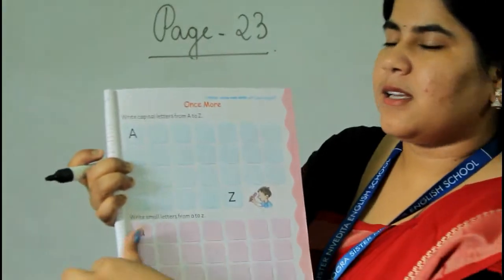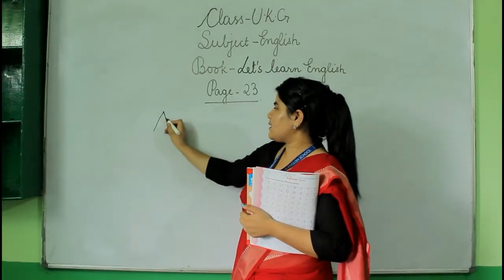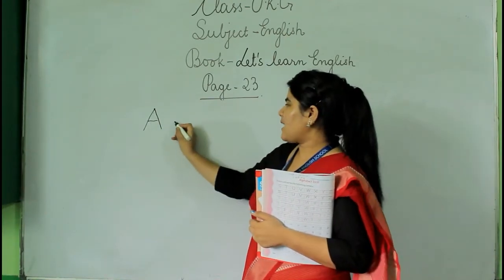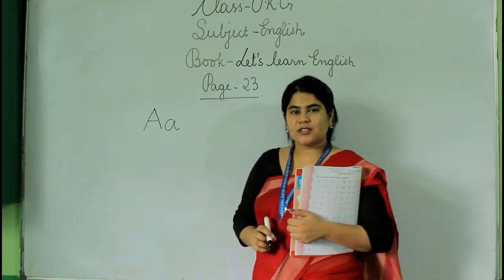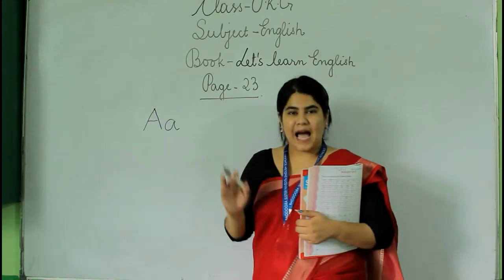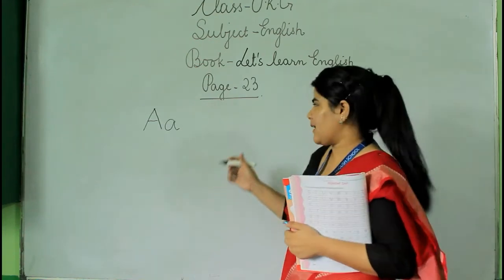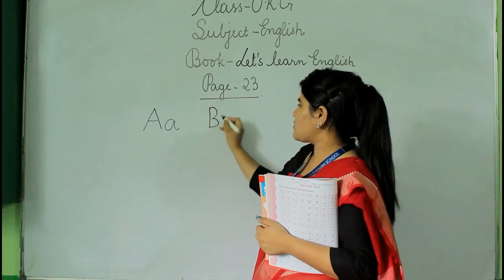So now, have a look at the board. What is this? This is caps A, that is capital A, and this one is small a. A is for, do you know? A is for apple, ant, aeroplane. Okay. Now it's B, capital B and small b.